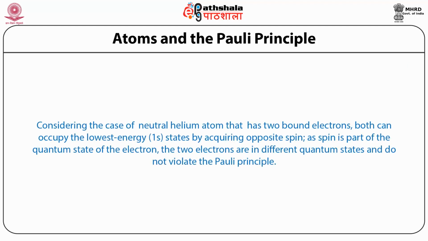Considering the case of a neutral helium atom that has two bound electrons, both can occupy the lowest energy state by acquiring opposite spin. As spin is part of the quantum state of the electron, the two electrons are in different quantum states and do not violate the Pauli principle.